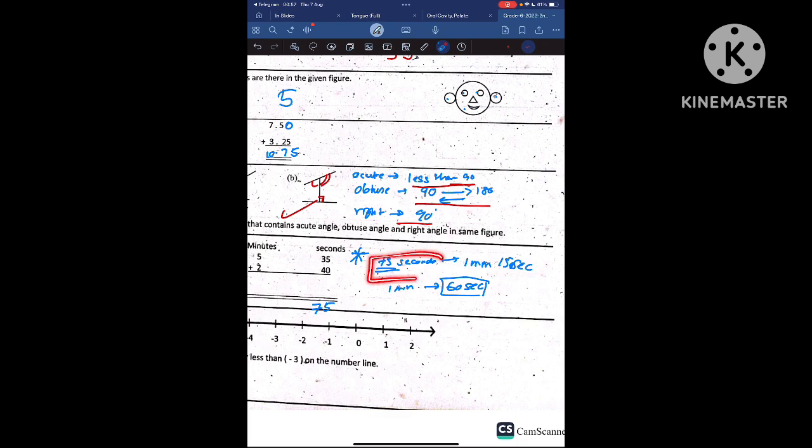Which means 75 seconds has a set of 60 seconds and a set of 15 seconds. So 60 seconds and 15 seconds form the 75 seconds. But this 60 seconds means 1 minute. So this means 1 minute and 15 seconds.